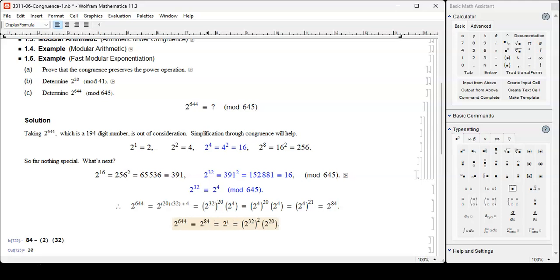2 to the 2 times 32 plus 20: quotient, divisor, remainder. So this is congruent to 2 to the 4th power squared times 2 to the 20th power, and this is turning out to be the 28th power.